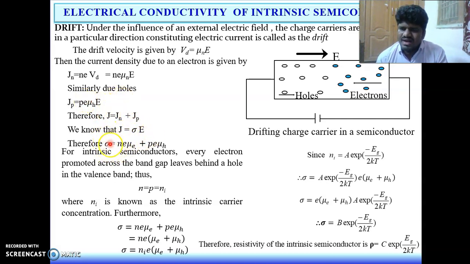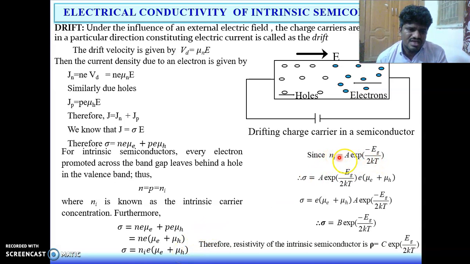Therefore, the electrical conductivity σ is equal to n e μe plus p e μh. And we know that for intrinsic semiconductor n is equal to p is equal to ni. Therefore, by substituting this value in this equation, we can get σ is equal to ni e (μe plus μh). This is the electrical conductivity of the intrinsic semiconductor.